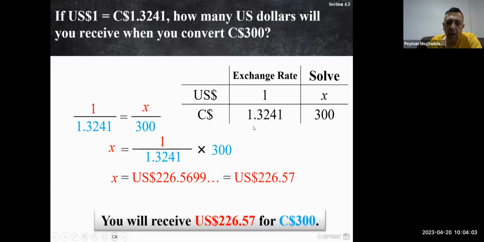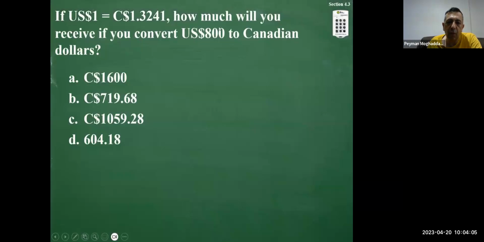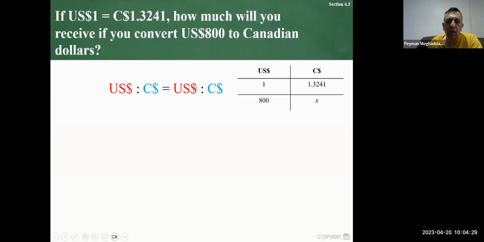One more example: if one US dollar is 1.3241 Canadian, how much will you receive if you convert 800 US dollars to Canadian? In this case it is multiplication. One US dollar is that much Canadian, so for 800 US dollars, 800 multiplied by this is going to give you the number of Canadian dollars, which in this case is 1059.8.